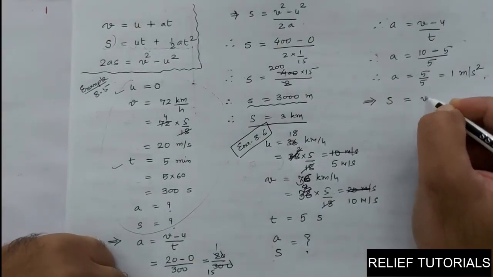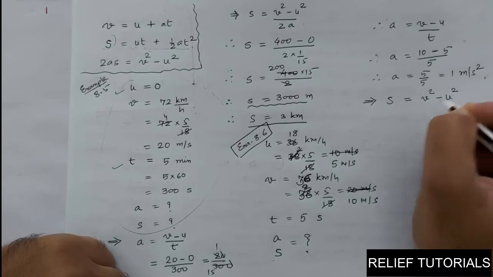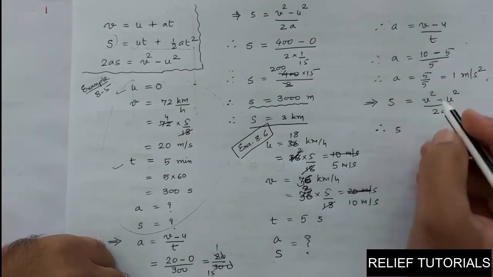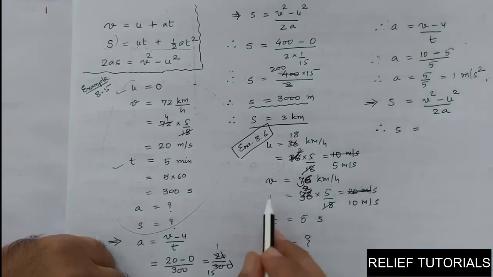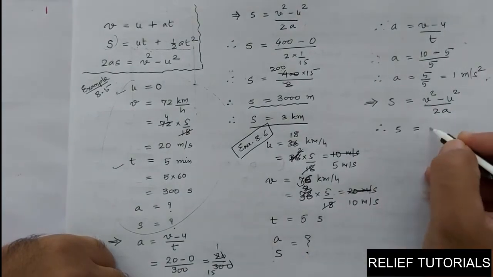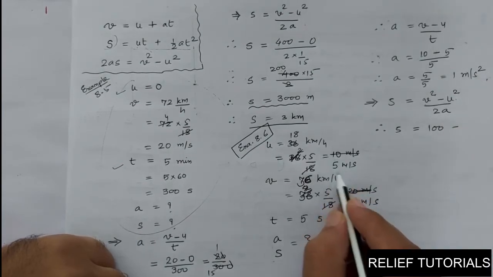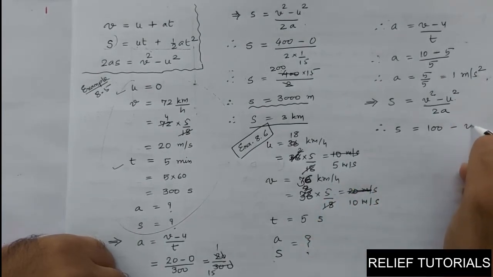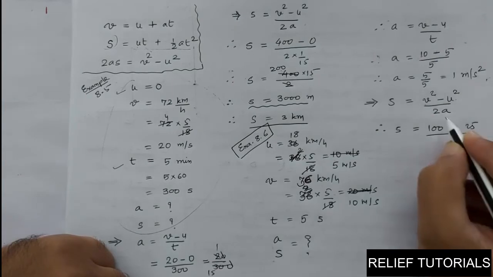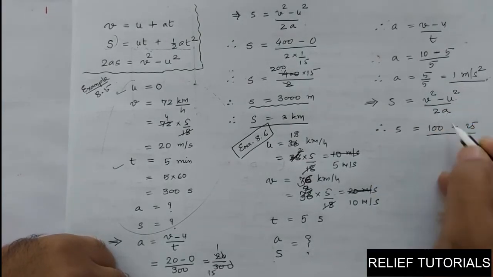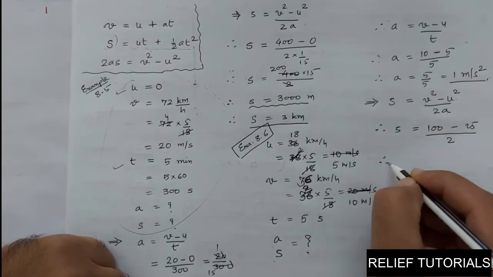So s is equal to (v square minus u square) by 2a. Therefore s is equal to v square, v square means 10 square. 10 square is 100, minus u square. Value of u is 5, so 5 square is 25, upon 2 into a. a we recently found as 1, so 2 into 1 will be 2.